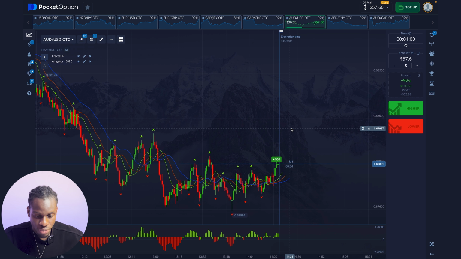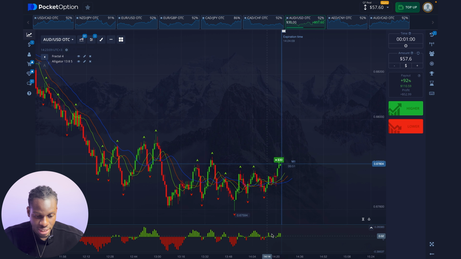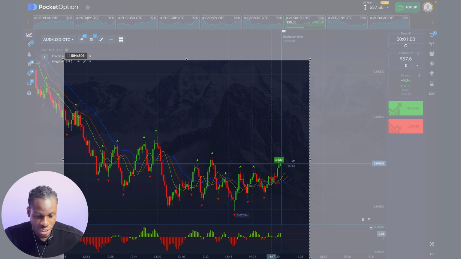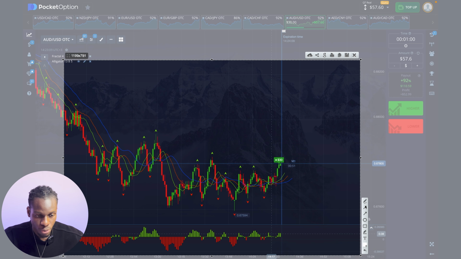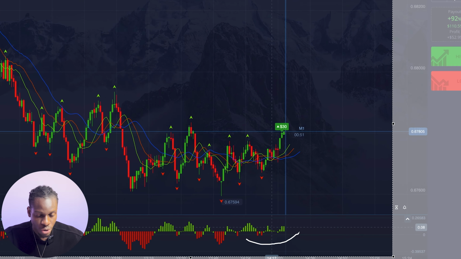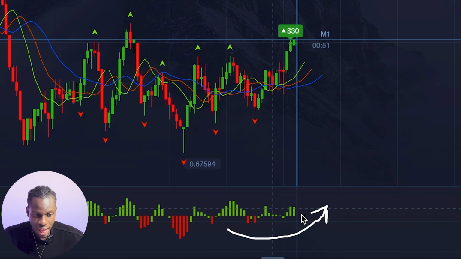The volume has shifted just like before and has changed in color. So there's been an intersection with the average value of the 0 mark, and the histogram has also changed color. The alligator's lines have intersected, which is indicating an upward trend, and the price has crossed all three of these moving lines as we see below.